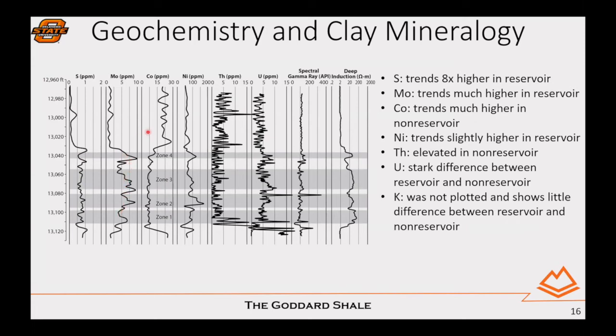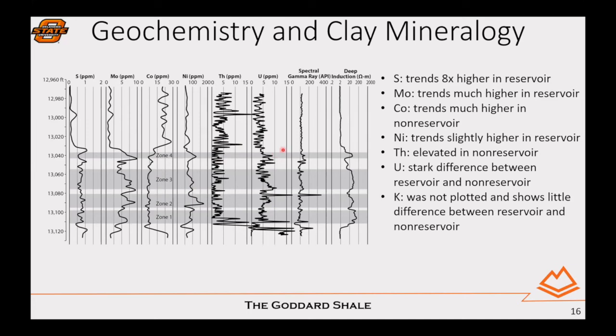Cobalt is actually trending lower in reservoir strata. Nickel is trending higher in reservoir strata. Thorium is trending lower in reservoir strata. And uranium is trending quite a bit higher in reservoir versus non-reservoir.